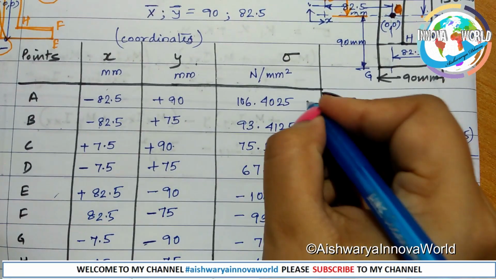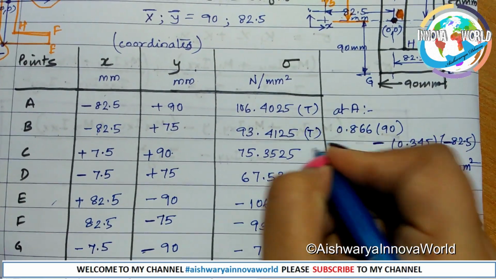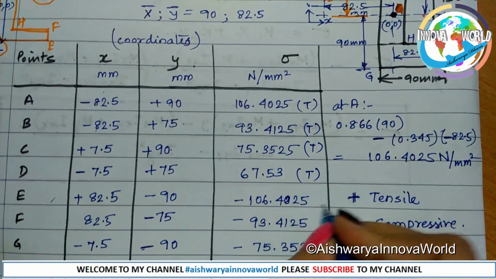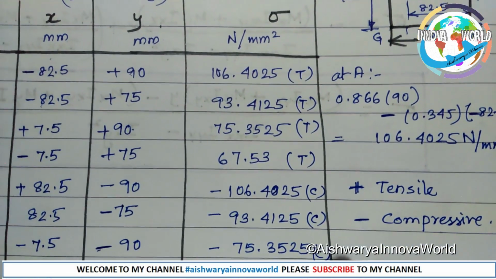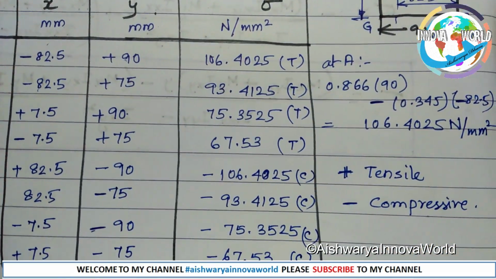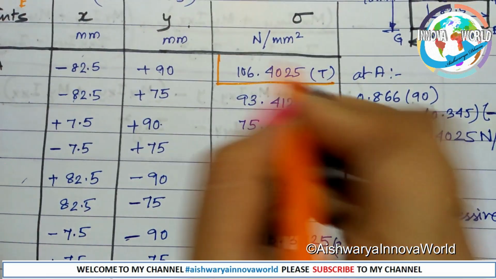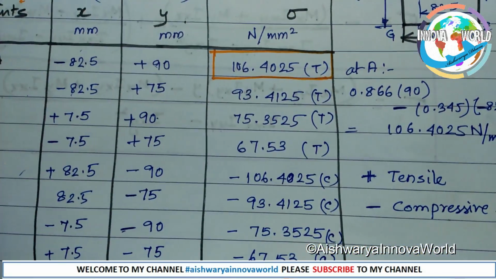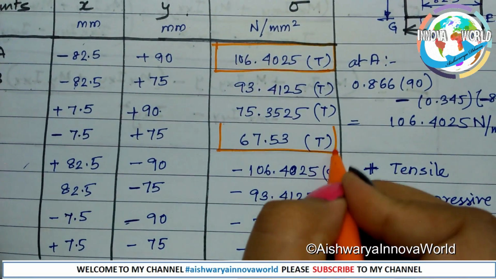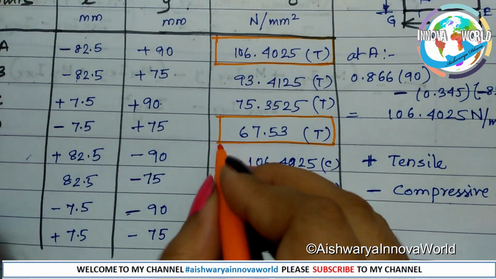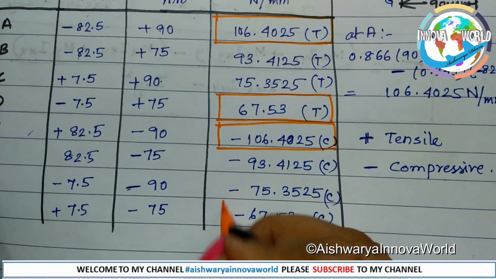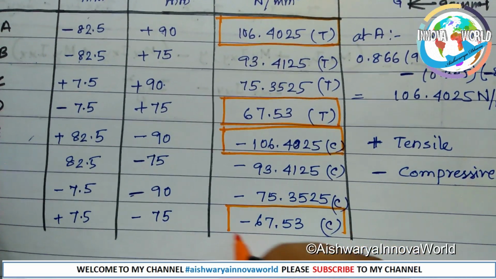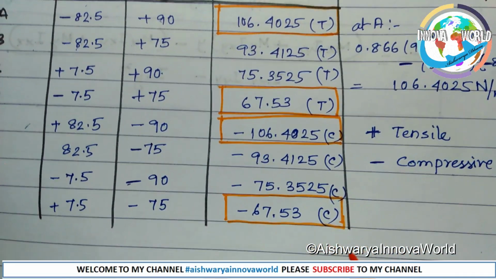So you can write accordingly the nature. These are the tensile. This is, in brackets, C means compressive. So what is the maximum value here? This is the maximum value of tensile stress and this is the minimum value of tensile stress, and this is the maximum value for compressive stress, and this is the point where you get the minimum value of compressive stress.